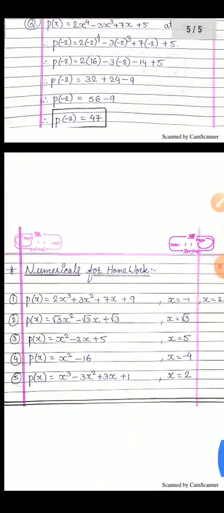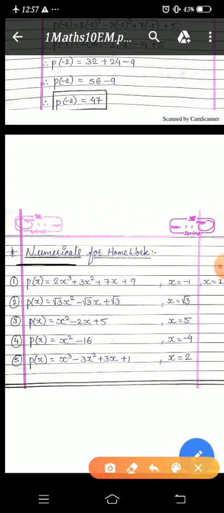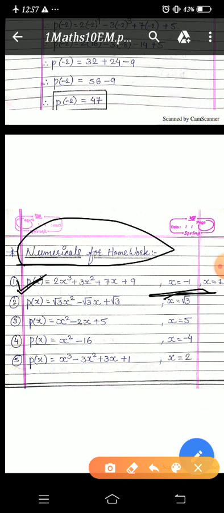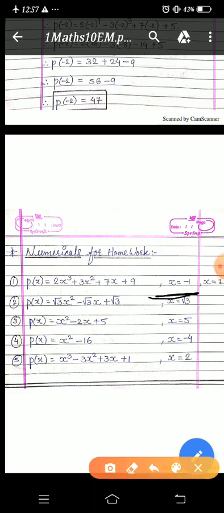Now at last, I am giving you some numericals for your homework. You need to find the value of the polynomial at the given point. In the first question there will be two questions. First, you need to find the value of the given polynomial at x equals minus 1, and the second question will be the value of the same polynomial for x equals plus 1.